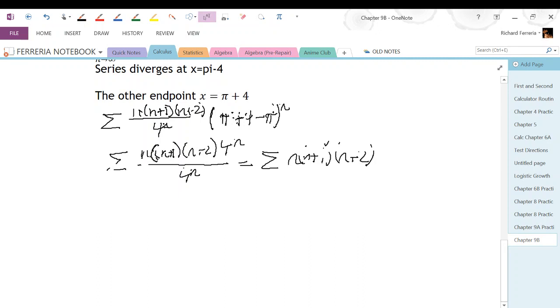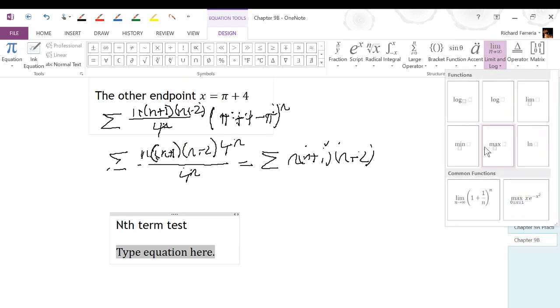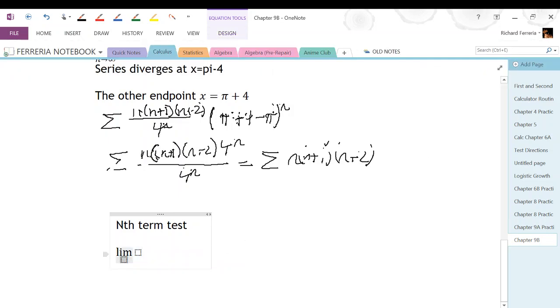So the nth term test, which looks a lot like the Leibniz test, by the way. We've got the limit as n approaches infinity of n plus 1, n plus 2.